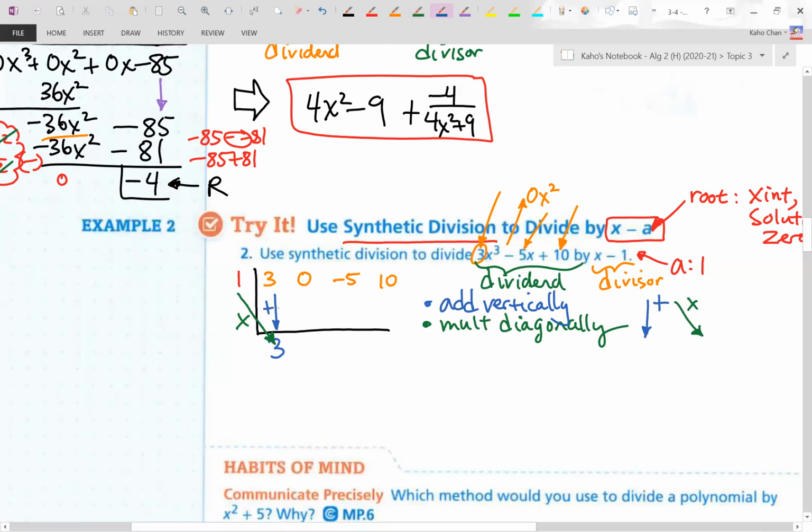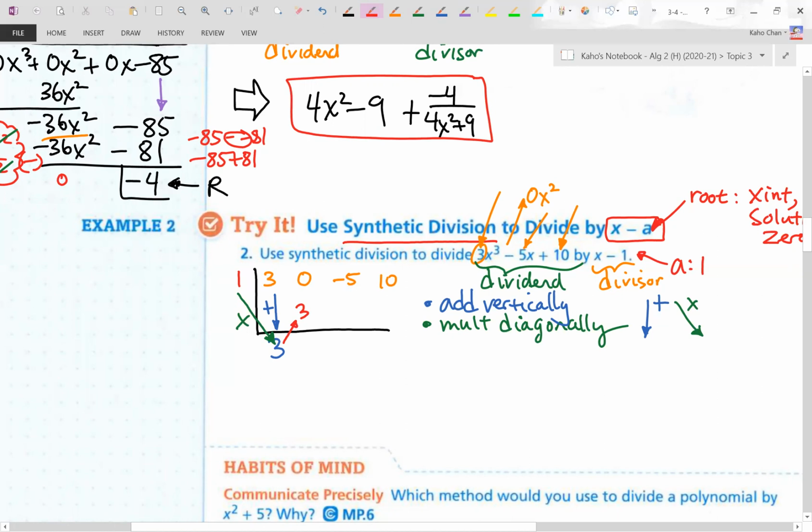So recap. Add vertically, we added the first coefficient, got a 3, brought it down. Step 2, multiply diagonally with the root value. A is 1. So 1 times 3 is 3. Take that value and put it right here. Take your answer and put it right there.